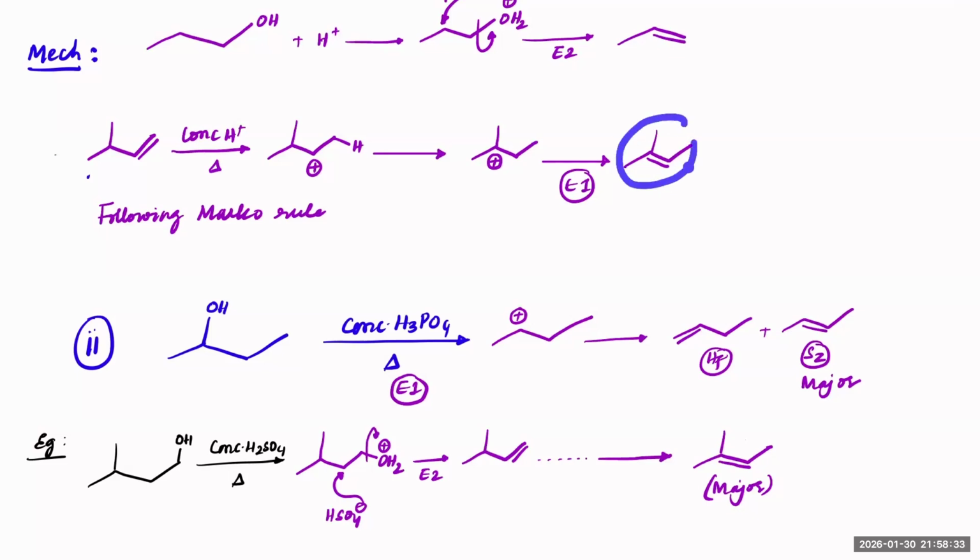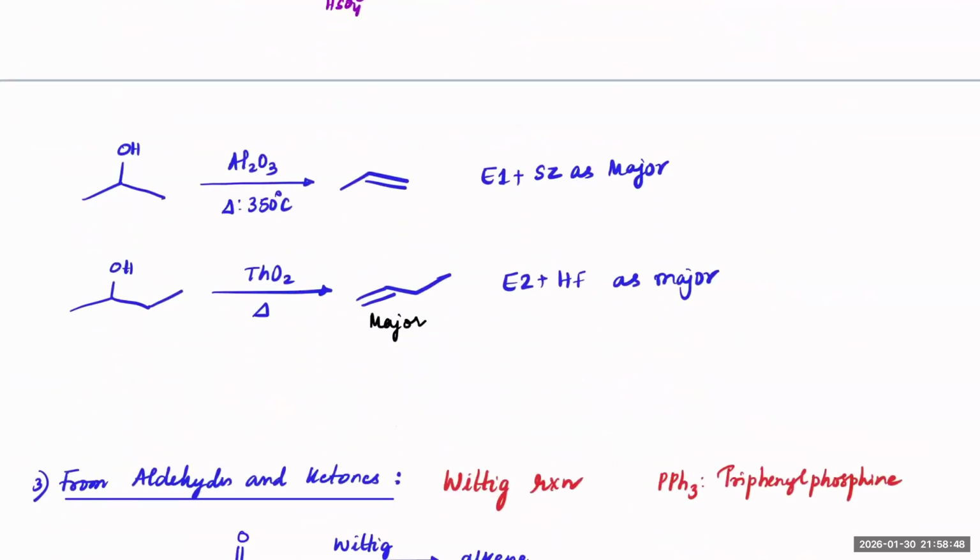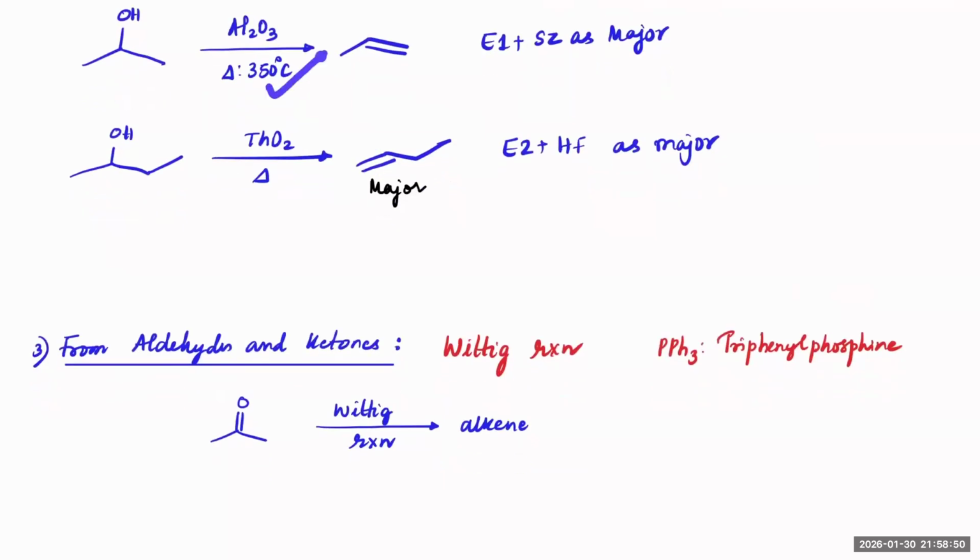So the double bond will keep shifting towards the most stable position. Up to that, the protonation will keep happening. This we already learned, Al2O3, ThO2, what will happen.